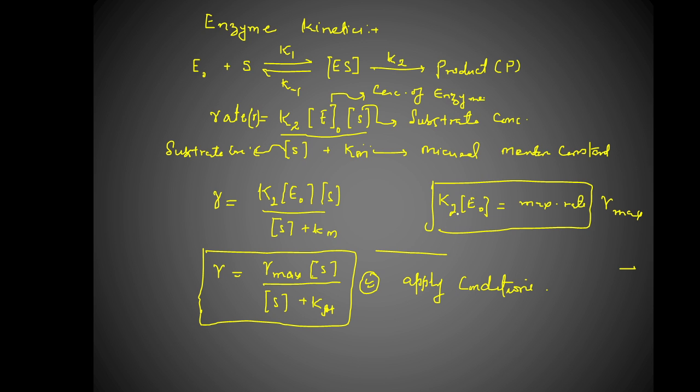Here this K2 is called the turnover frequency. Therefore, you can write turnover frequency or turnover number is equal to maximum rate, that's R max, divided by E naught. So this is again very important.